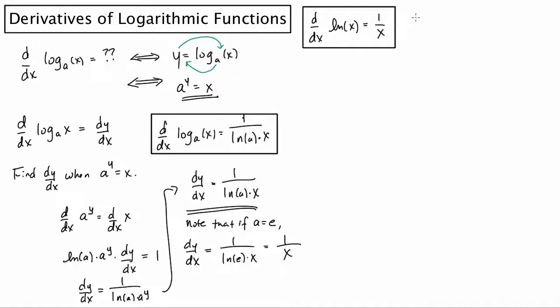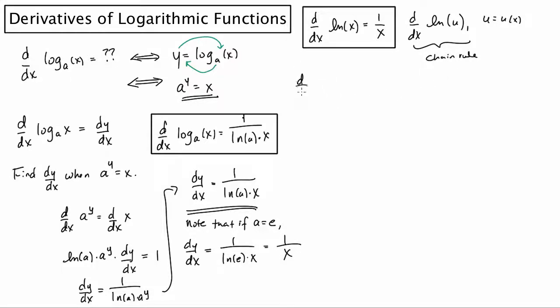In particular, we're really interested in the case where I ask you what is the derivative with respect to x of the natural log of u, where u is a function of x. This is basically chain rule.